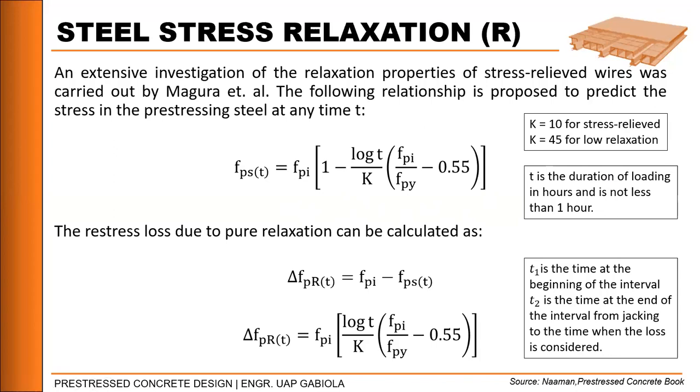So sulat ko lang muna before I go back to sa 18 hours yung ating time. And then ang formula natin for prediction ng FPS is equals to FPI multiplied natin ng 1 minus log T all over K times FPI over FPY minus 0.55.